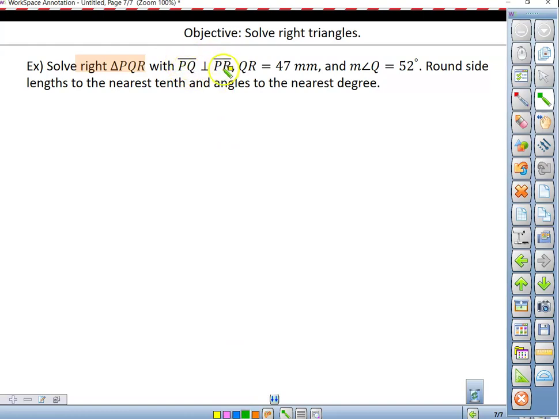If you are not familiar with this notation, this is saying that side PQ of our triangle is perpendicular to side PR. That means that those two sides form the right angle.